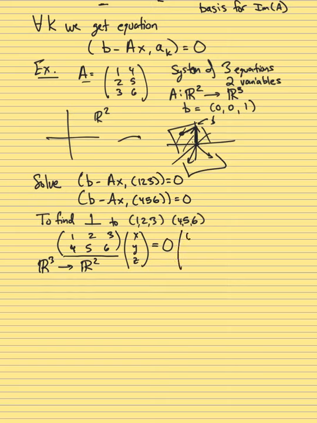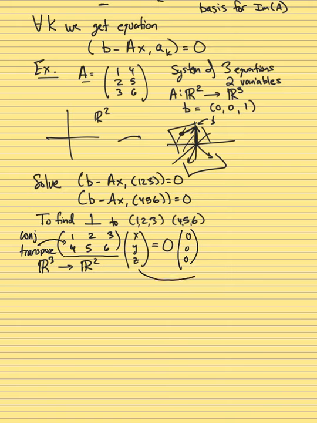I should have said this is (0, 0, 0). The same thing works in the complex case, except you have to remember that the inner product is not just taking the transpose; for the complex case you would be looking at the conjugate transpose. But it's exactly the same procedure, and that's in general what you do.